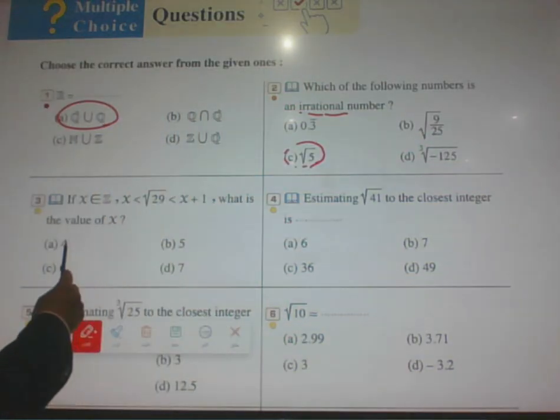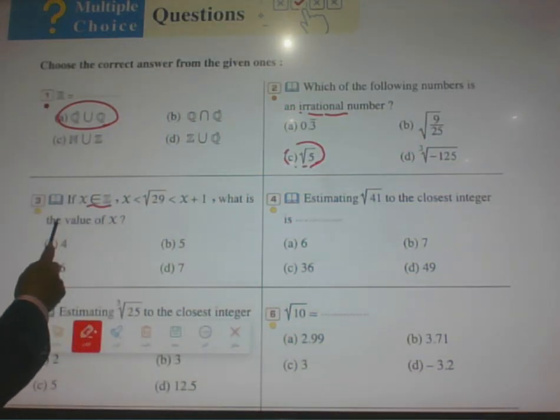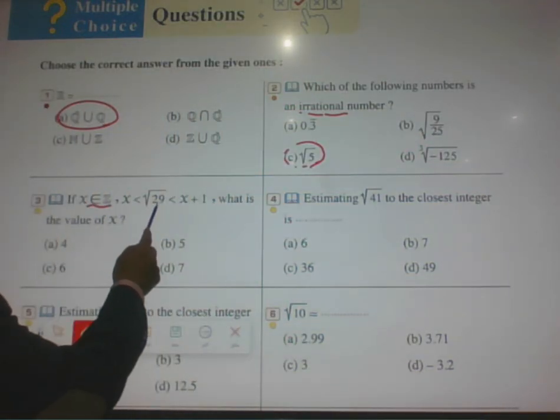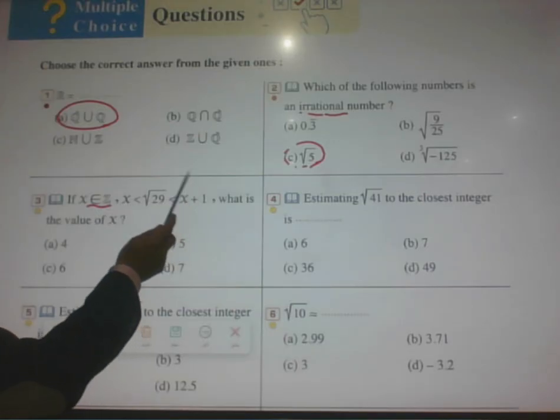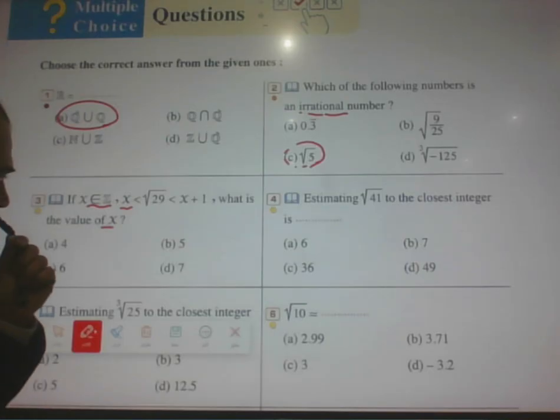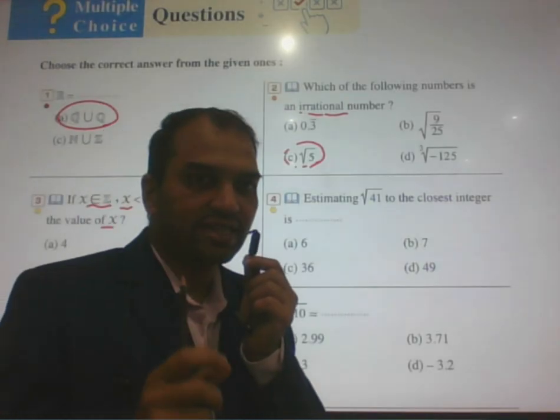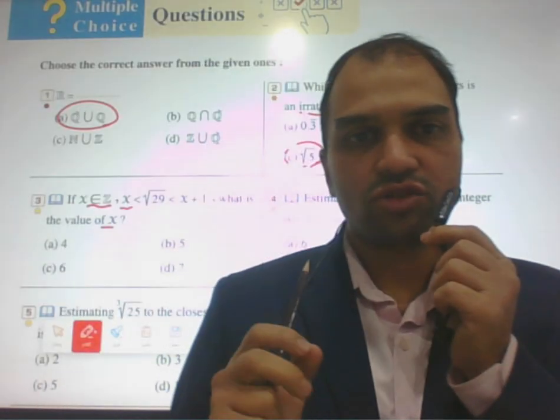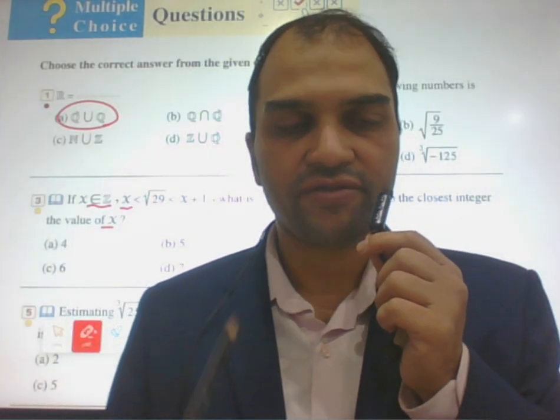Next question, number 3. If x belongs to integers and x is less than square root of 29, less than square root of x plus 1, what is the value of x? Look here, x less than square root of 29. Ask yourself, what number less than 29 has a square root we can find? It is 25, and the square root of 25 is 5.